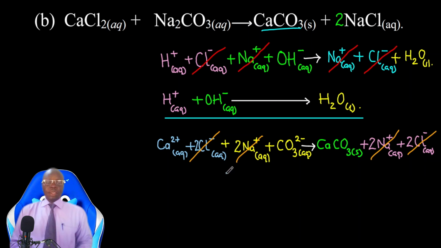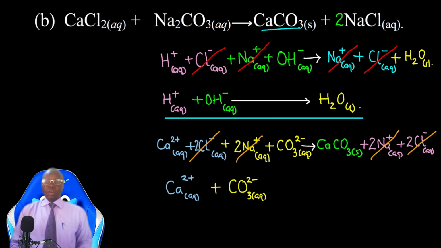So simply let's write the remaining cation here, that is calcium, with 2 plus, and the next one here is carbonate. This is an anion, so we'll write here 2 minus, and we have these with the state of aqueous.